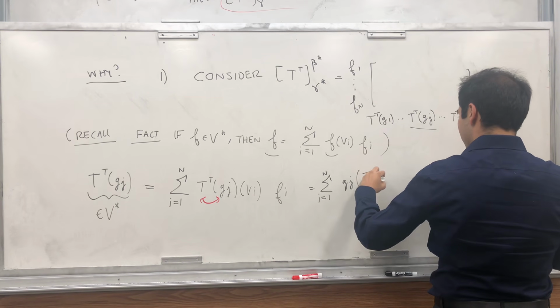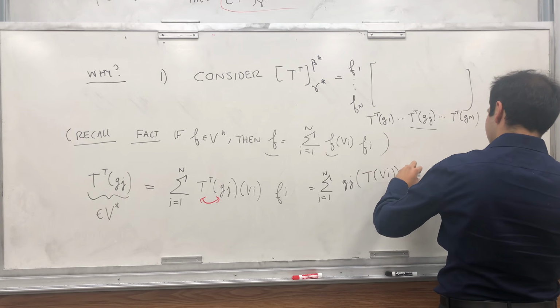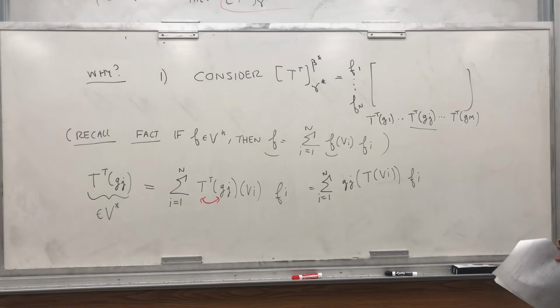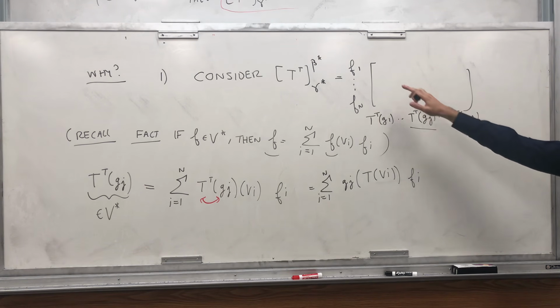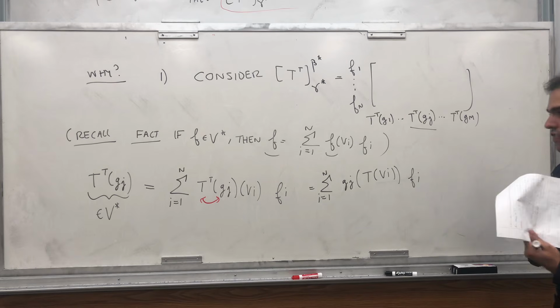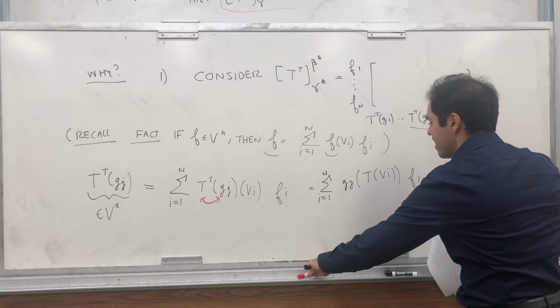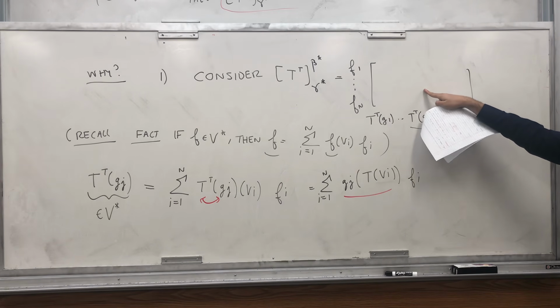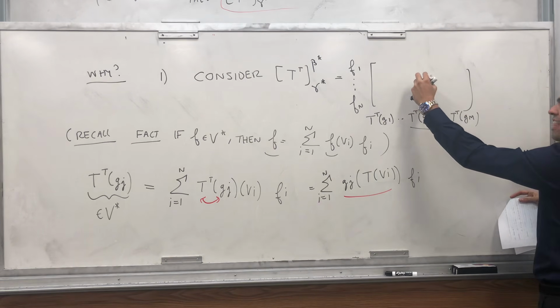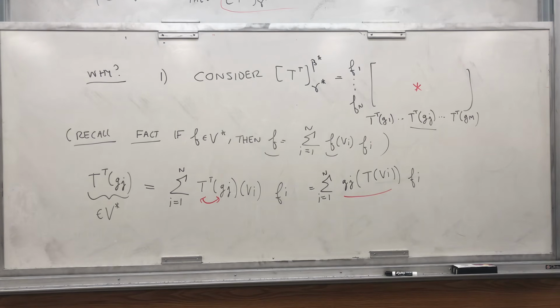So T of Vi times Fi. All right, very good. So we already have this. So really, all that's left, if you want, is to calculate this, because this precisely gives us the ijth entry of your matrix.